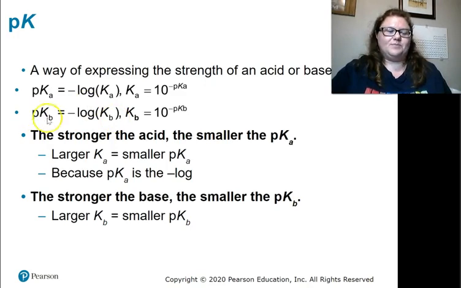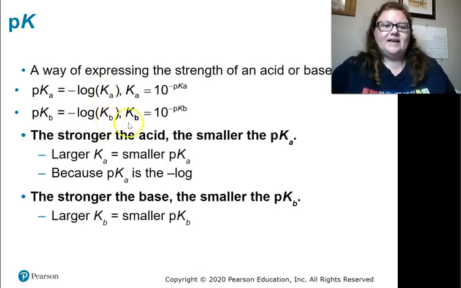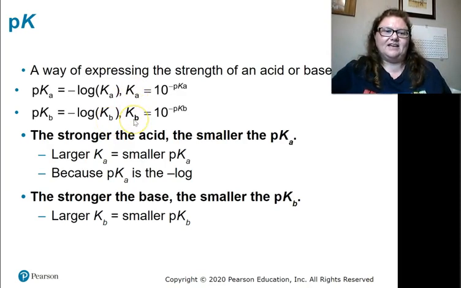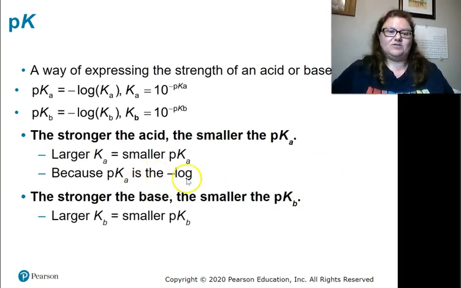And so we can have the pKb, or pKa, equal to negative log of that equilibrium value. And then we have the Ka and Kb equal to 10 to the negative of those powers. Here's the thing. It's an inverse relationship. The stronger the acid is, the smaller the pKa value is going to be. And that's because we're taking the negative log of that.